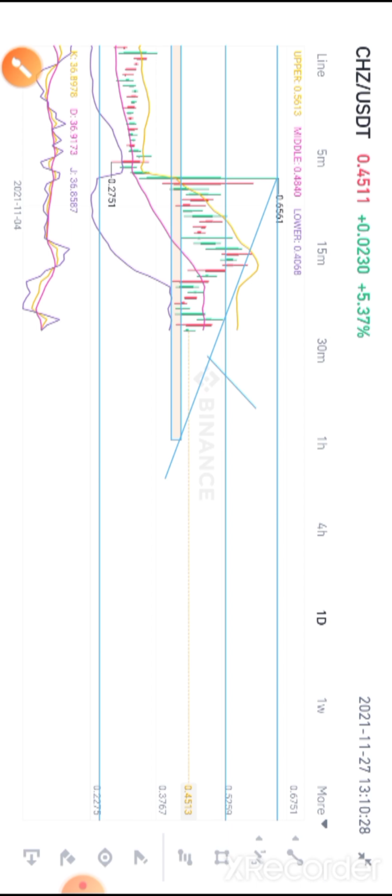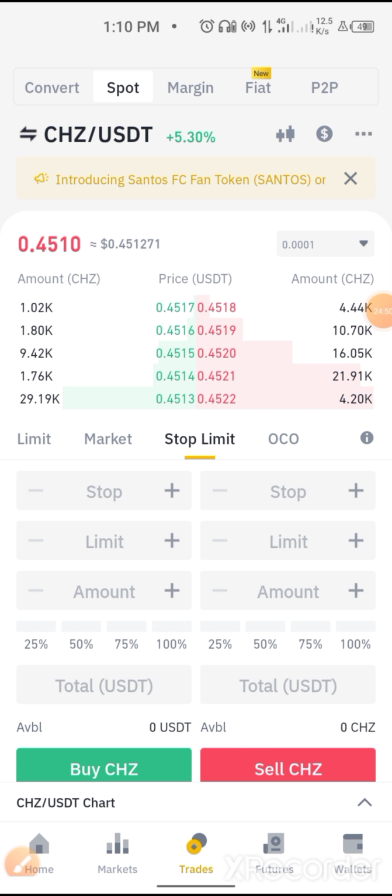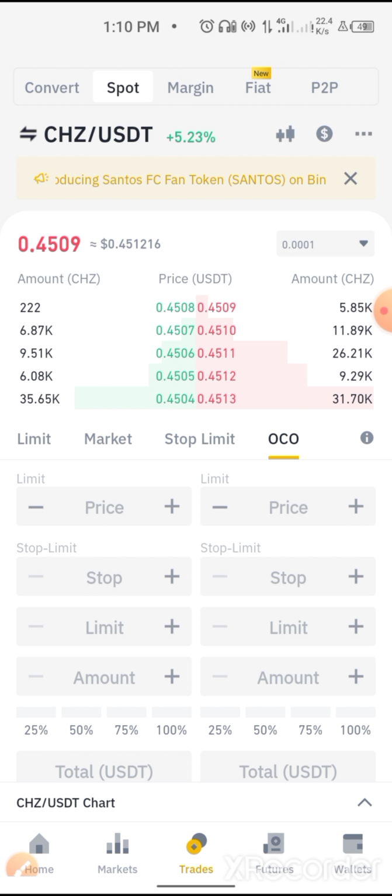Okay, let's go back. Let's look at the OCO order. Now, the OCO order is used not to miss out on a trade when you make a wrong call. Once you make a wrong call, how do you not miss out on a trade?